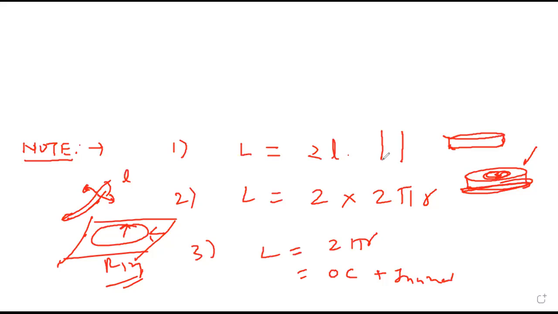If it is a closed glass tube, then only the outer circumference, the outer one, right? If it is an open glass tube, then it becomes like a ring, right? That means 2 into 2 pi r.